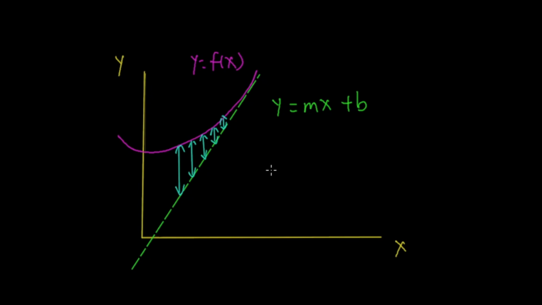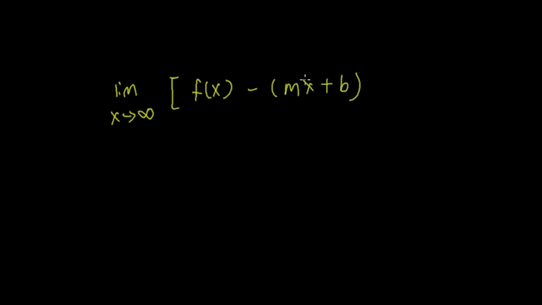As it goes to positive infinity in the x direction, the distance between f at x and the oblique asymptote should be getting to 0. That's what an asymptote means. So we can write it like this. Limit as x approaches positive infinity, f at x minus mx plus b, right, this function models the oblique asymptote, should be equal to 0, right?